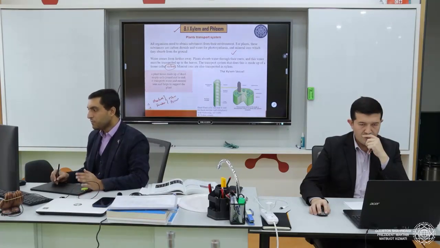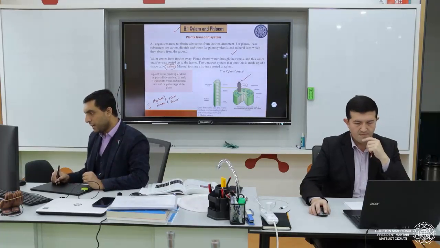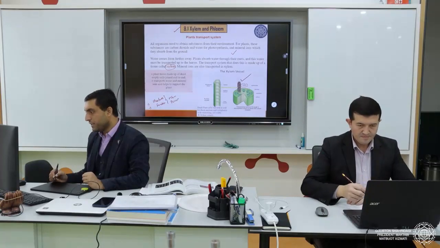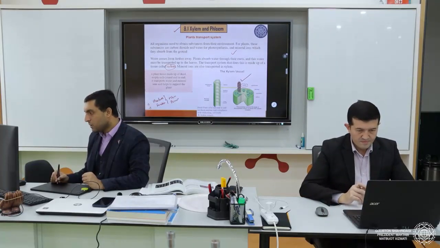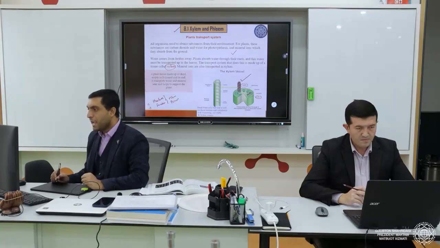You can see in this diagram, on the outer region we have these xylems, tube-like structures, and the inner ones are basically xylem tissues, okay? And what is their main function?